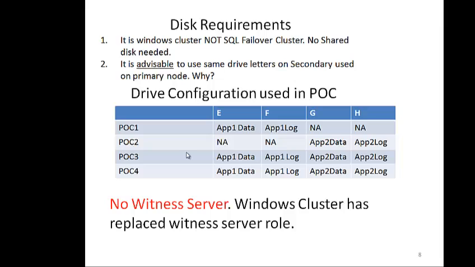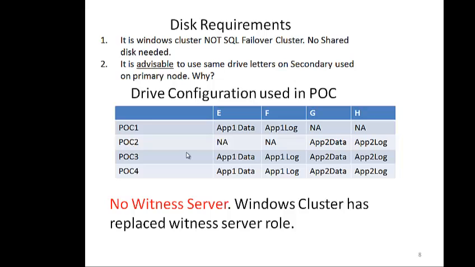It is not required, but it is advisable to use the same drive letters on the secondary that you are using on the primary. The obvious reason is that if tomorrow you want to add another file group on a different drive letter at the primary, then you need to have the same drive letter on the secondary, because the changes you make on the primary flow to the secondary, and if the secondary doesn't have those drive letters, your Always On replication will fail.